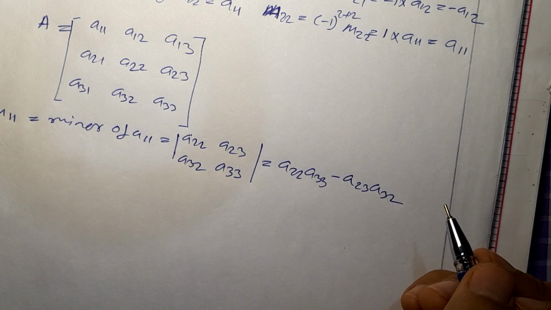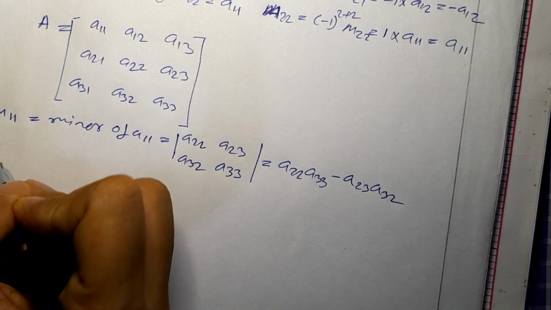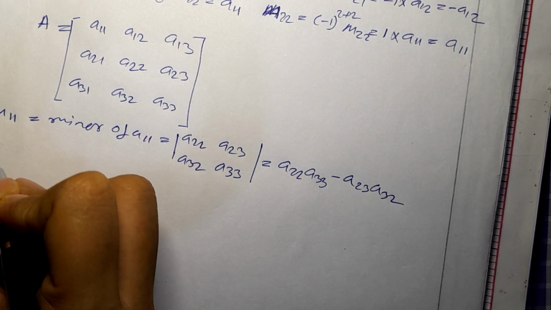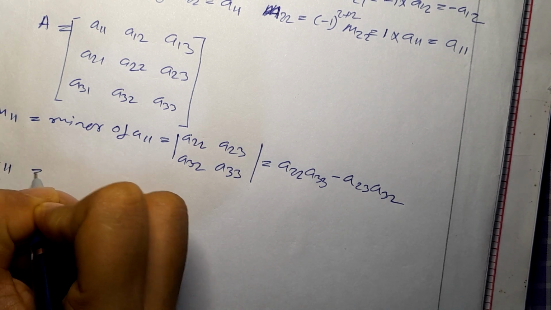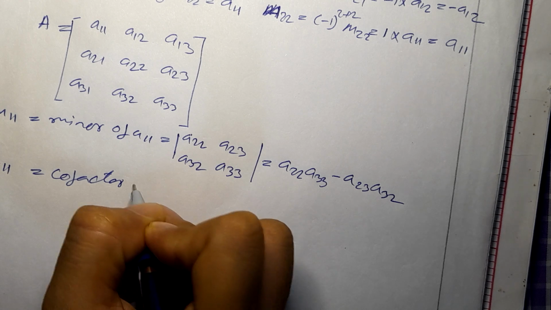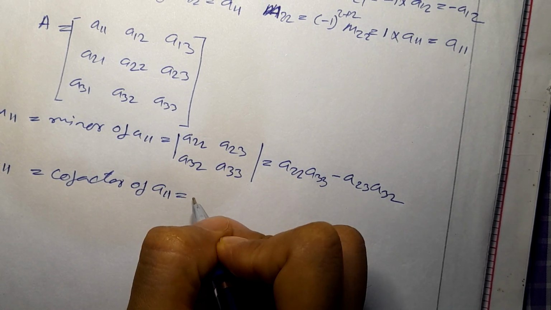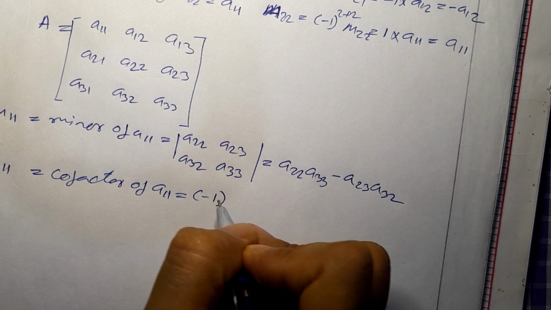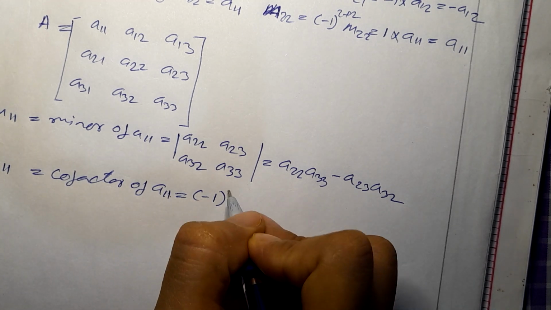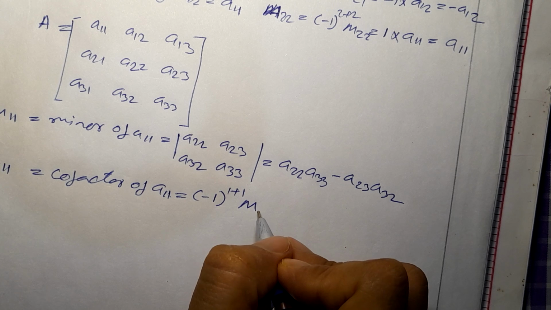Now the cofactor; this is the minor complement. The cofactor of a11 is minus 1 power 1 plus 1, times m11.